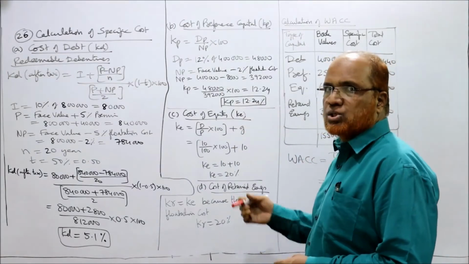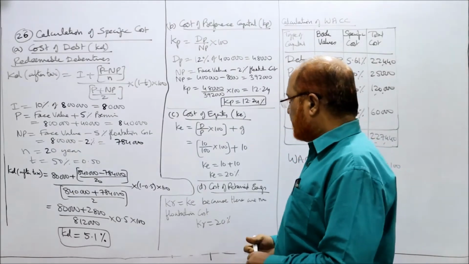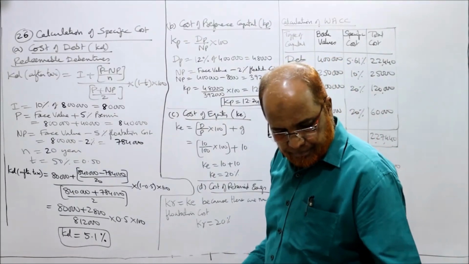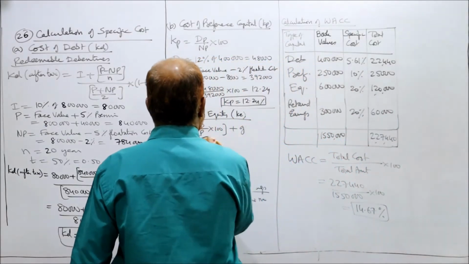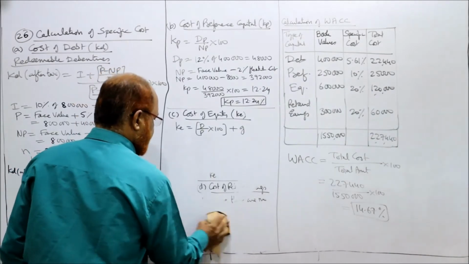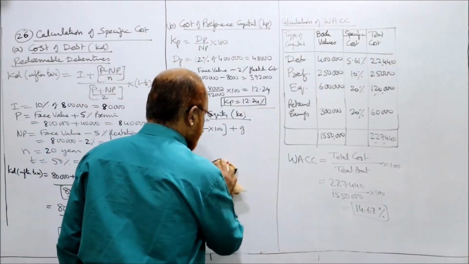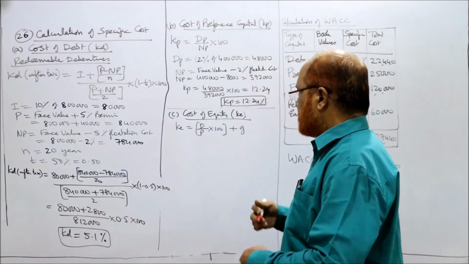Now KE, cost of equity. So here we have flotation cost. There are some changes here.